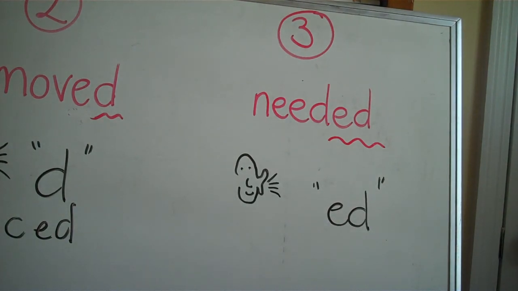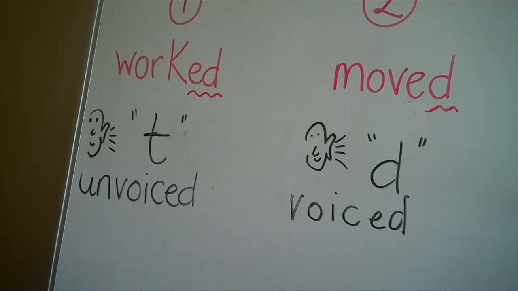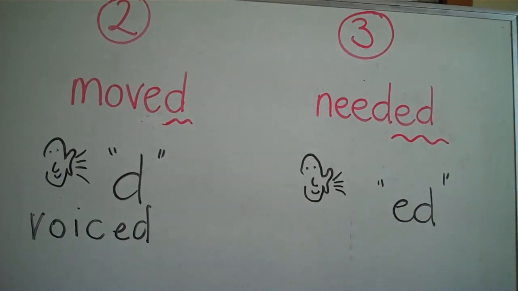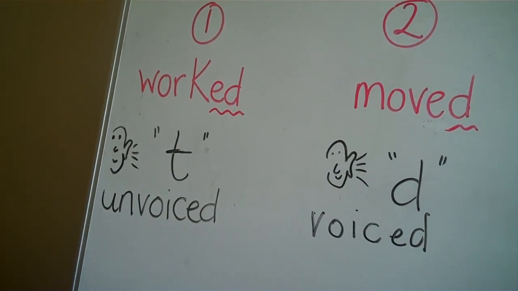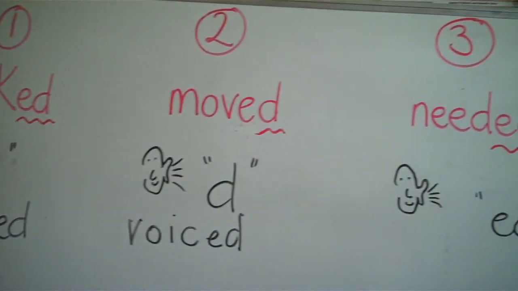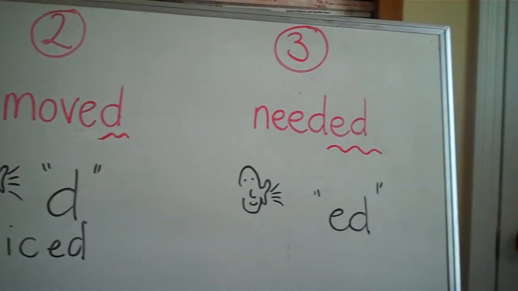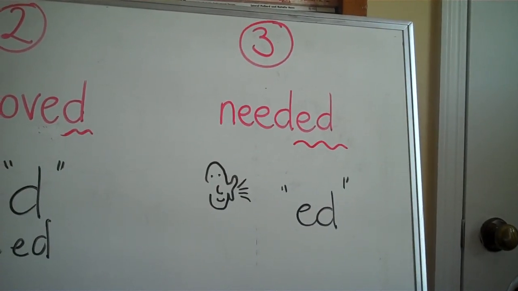So this is our pronunciation. 1, 2, and 3. Unvoiced, T sound. Voiced, D sound. And if the last letter of the verb is T or D, it's an ud sound.